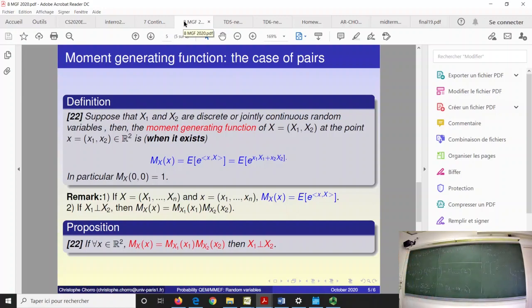If I suppose independence, what can I say? I have something that is independent of the other, and so the expectation of the product is equal to the product of the expectations, and so I have this.